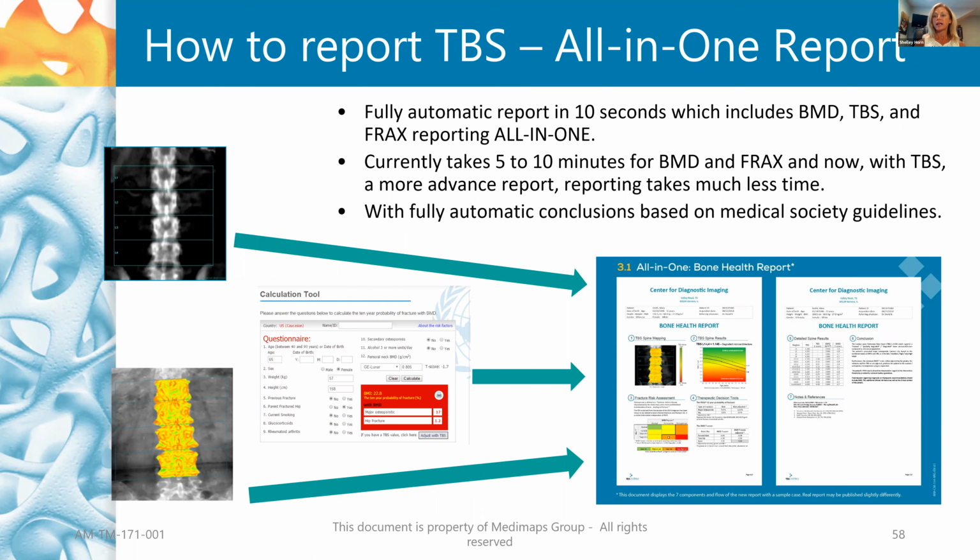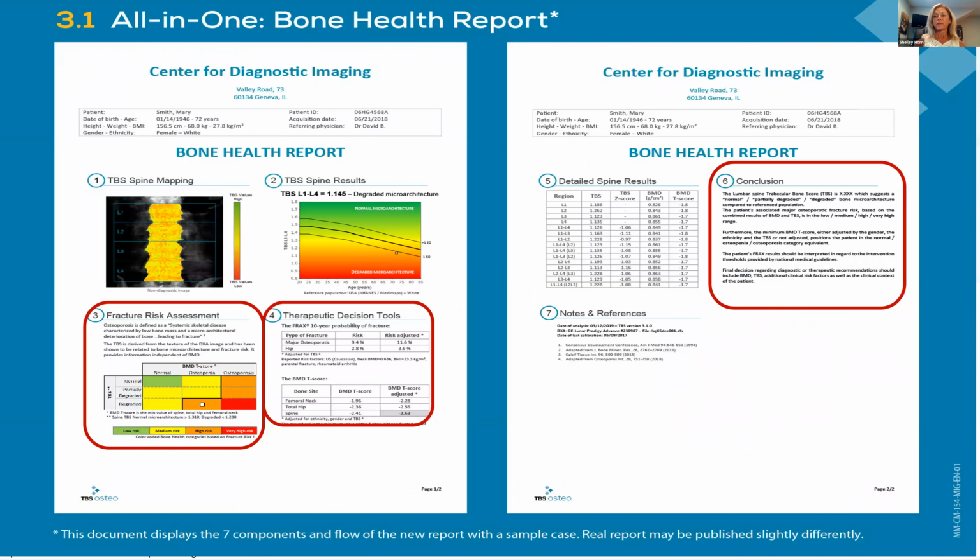And next slide, please. What you'll see is we've combined the grid that Professor Hans discussed, which is the BMD T-score at the top and the TBS degradation level to the left.